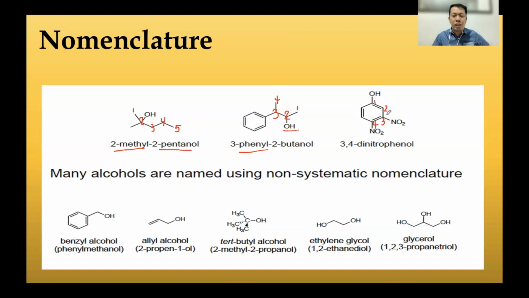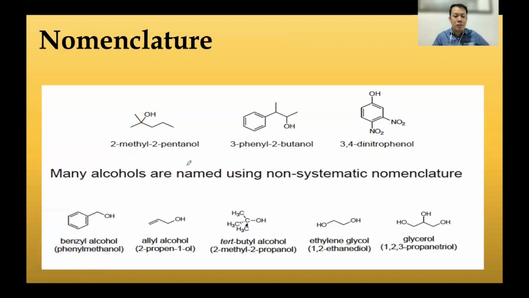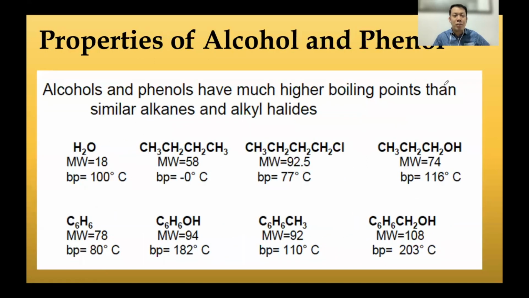So your answer is 3,4-dinitrophenol, right? Many alcohols are named using non-systematic nomenclature like benzyl alcohol, allyl alcohol, tert-butyl alcohol, ethylene glycol, and glycerol. So these are the properties of alcohol and phenol.